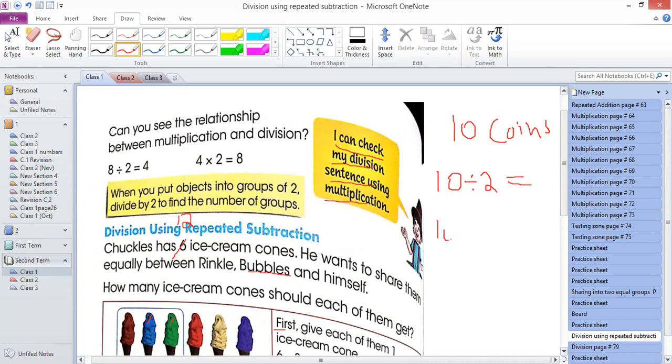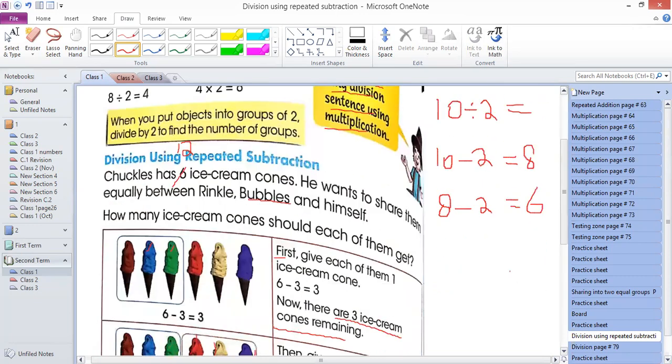So out of 10, one you take and one you give to your friend. That means out of 10, take out 2. So it will be 8. Now out of 8, give 1 to your friend and keep 1 with you. Again, subtract 2, so it will be 6. Now out of 6, again give 1 to your friend and keep 1 for you.